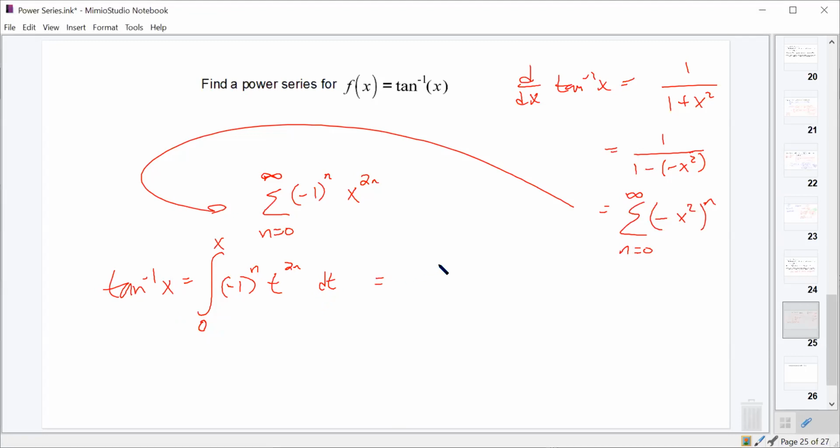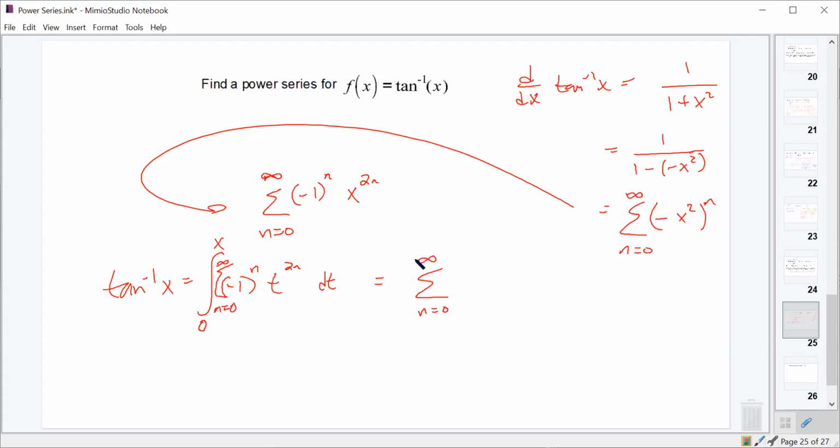And what does that integral look like? It looks like the sum from n equals 0, oh, I forgot my n equals 0 to infinity there.